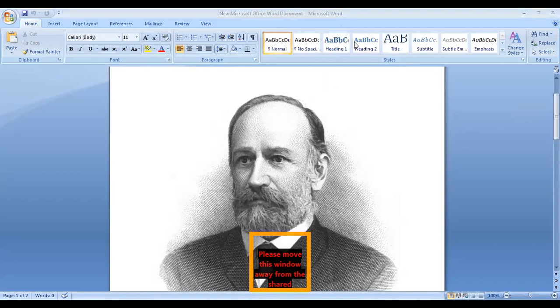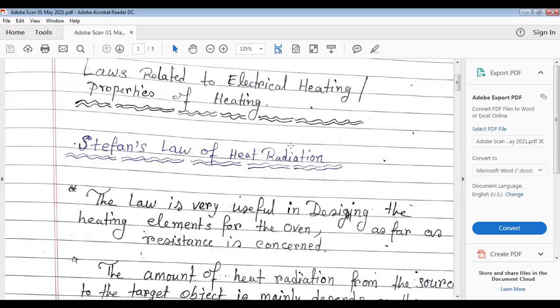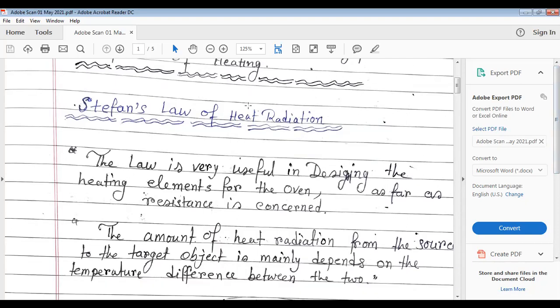Now we can see Stephen's law of heat radiation. The law is very useful in designing the heating element for the oven, as far as the resistance is concerned. So which types of ovens are related?